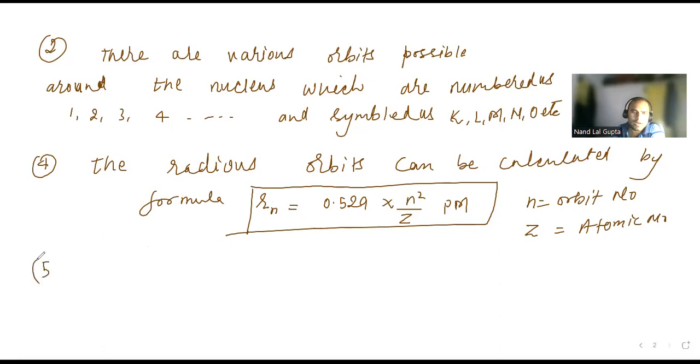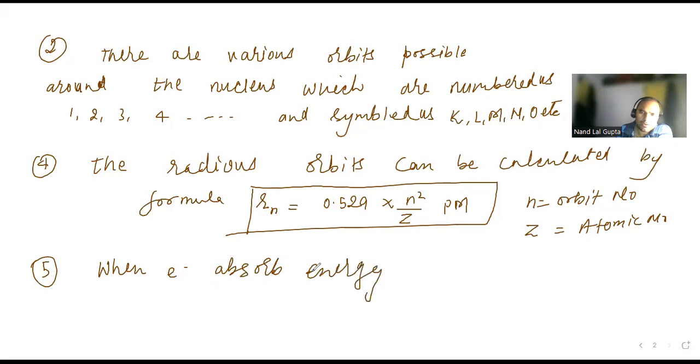Point number 5: when electron absorbs energy, it jumps from low energy orbit to high energy orbit.